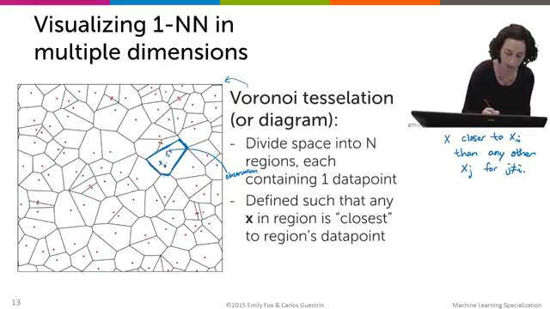So in pictures, what we're saying is that the distance from x to x_i is less than the distance to any of these other observations in our data set.